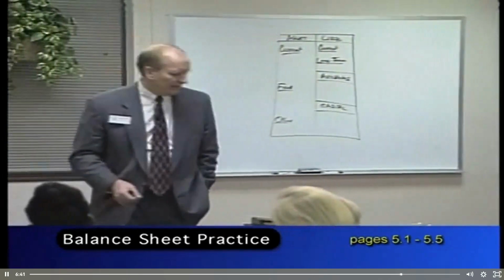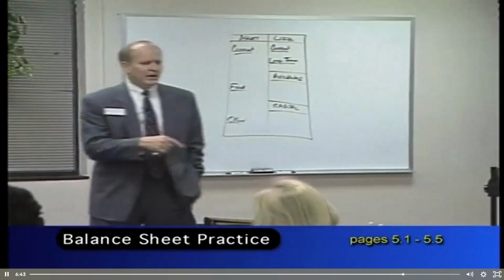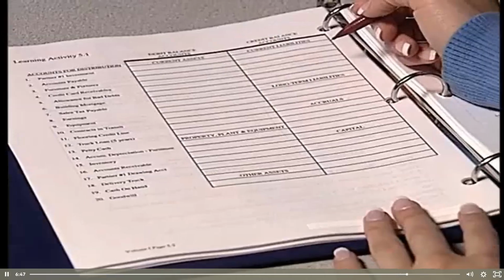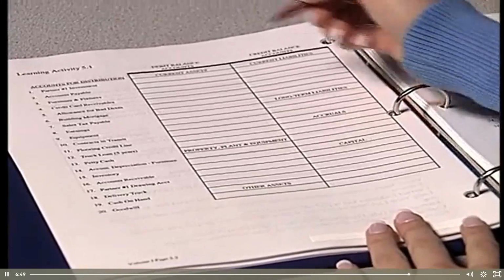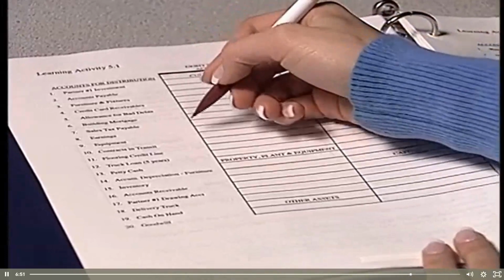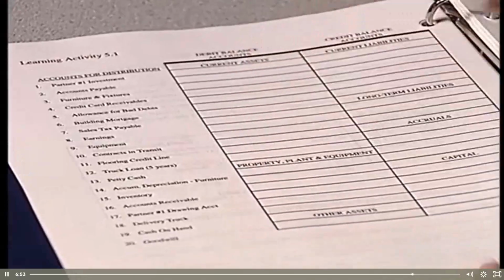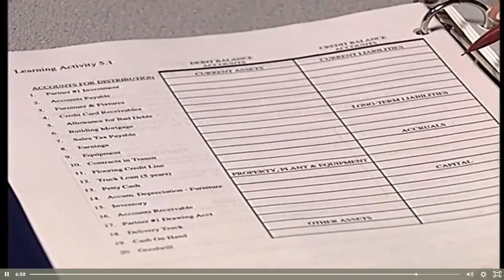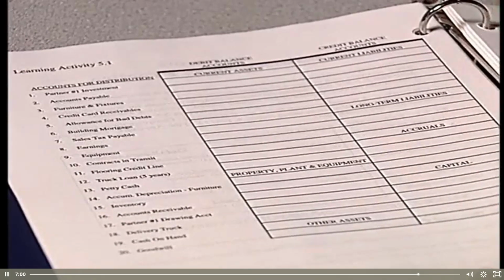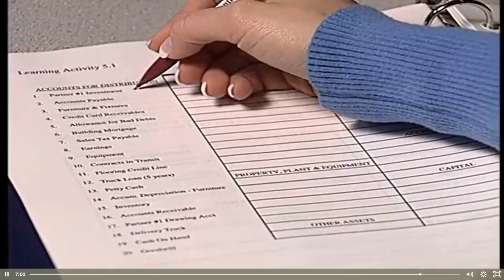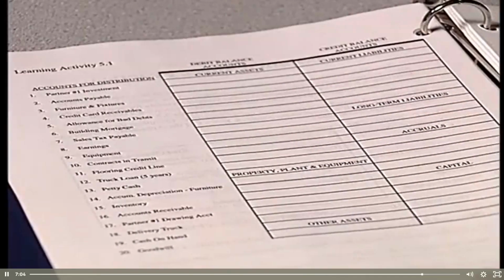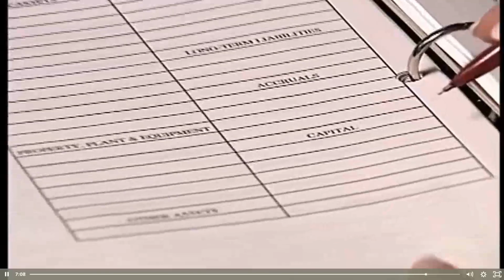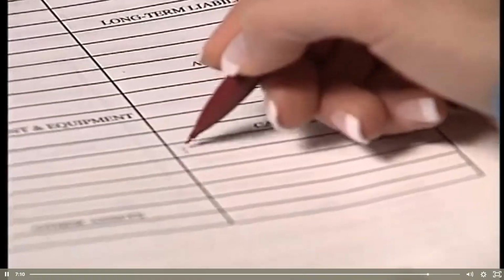Okay, with that, looking at page 5.2, I want you to notice that the accounts are listed down the left-hand side. And we want to identify which section each of these accounts are going to go into. So when we look at the first one, it's partner number 1 investment account. Which category does that go into in the general ledger? Capital. So under the capital section, just put a number 1 down there. Okay?